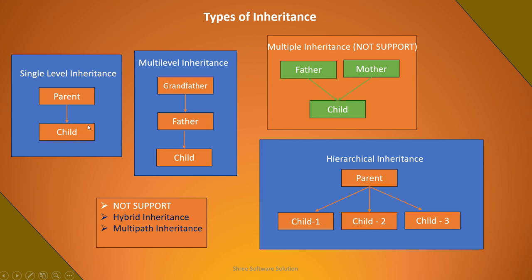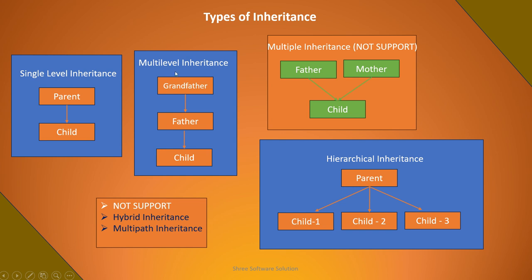And when you move on to multi-level, here we have a grandfather, father, and a child, like that. Here the grandfather also has some data members and member functions, and here also we have some data members and member functions, and here also. Consider real time for human beings: every generation has some properties.